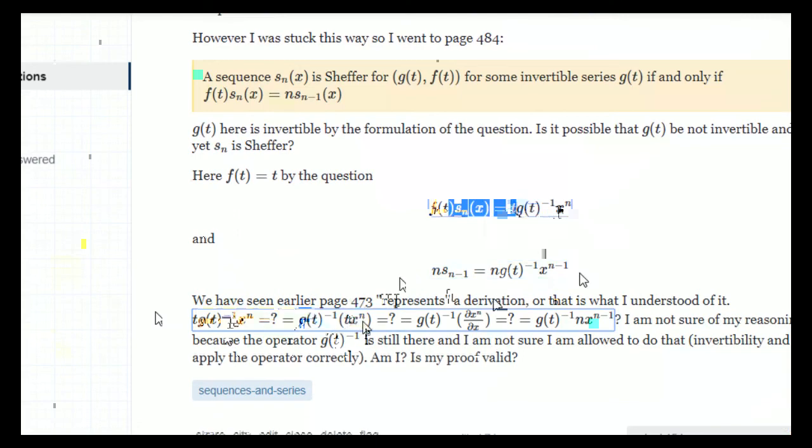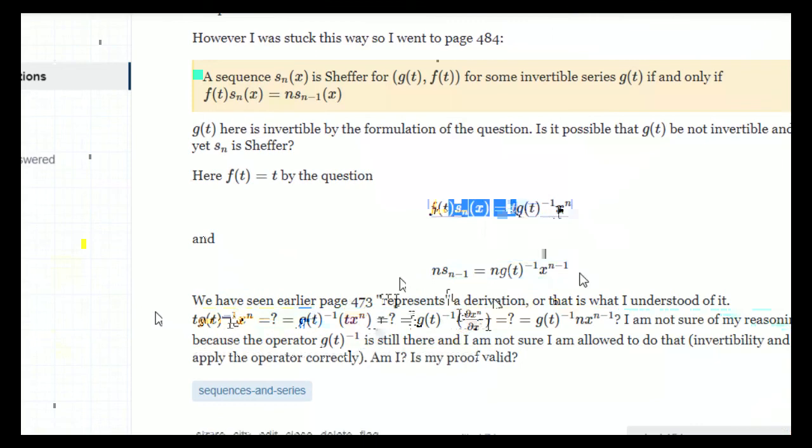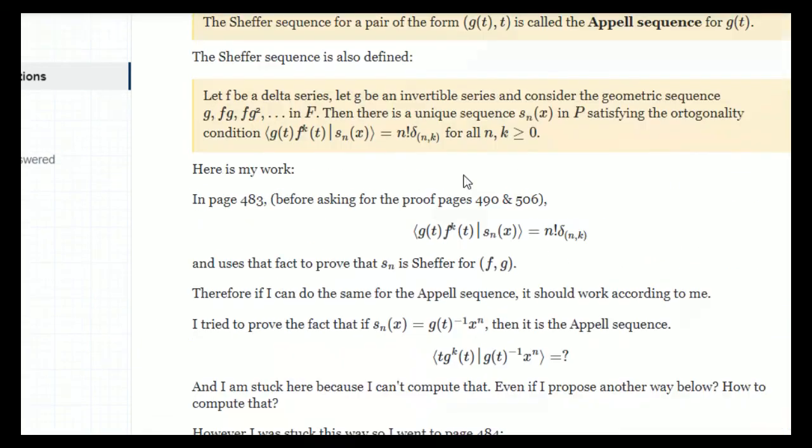For me, t of x^n represents the partial derivative with respect to x, which would be equal to g(t)^(-1) times n x^(n-1), which is exactly equivalent to this. So if my reasoning is correct, this would solve the exercise.